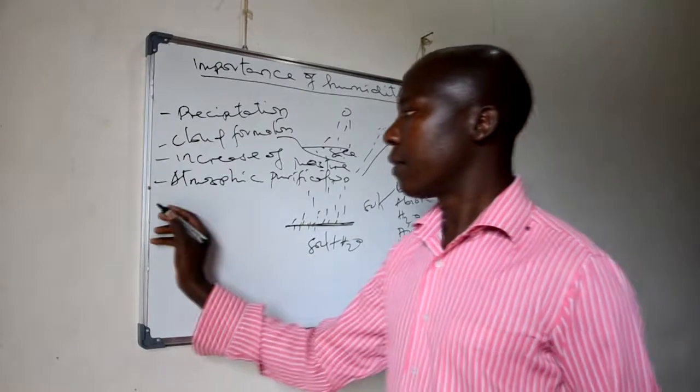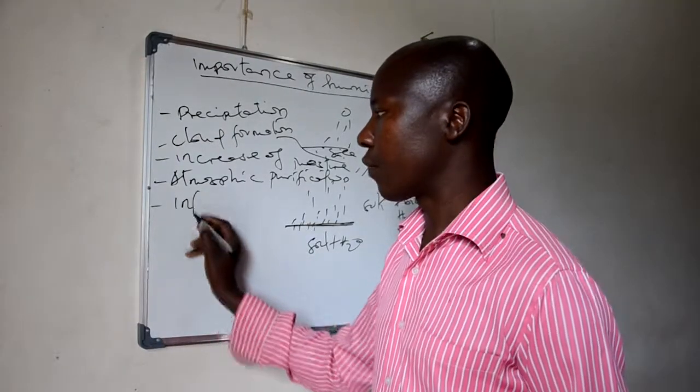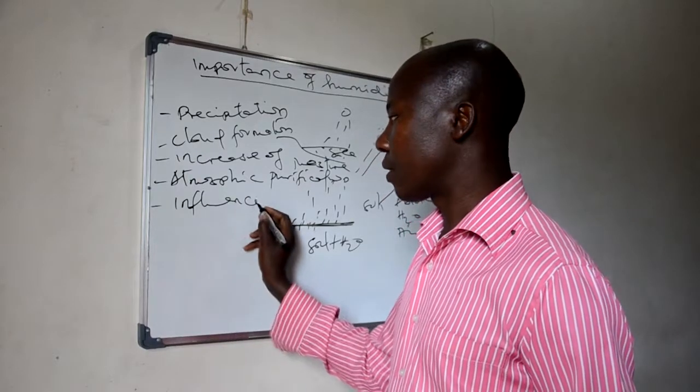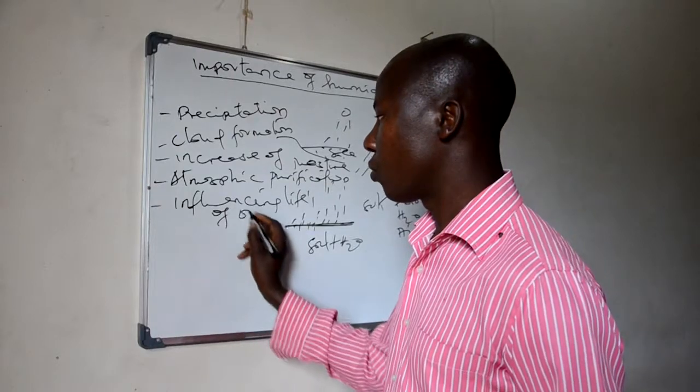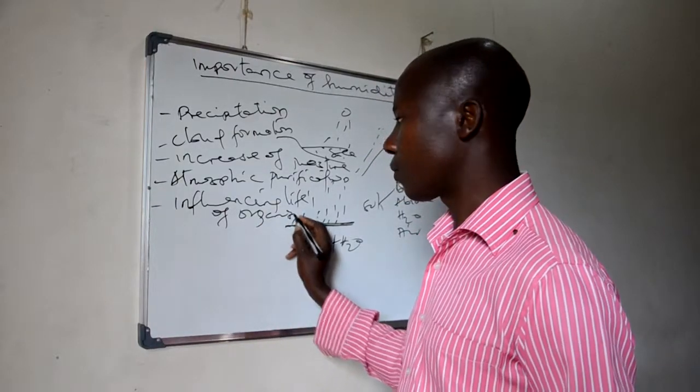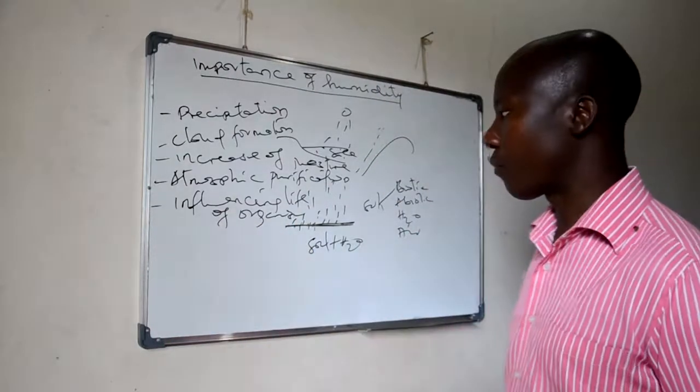Another factor is influence on the life of organisms. You have to remember that most organisms depend on the rain or the formation of moisture or dampness of water.